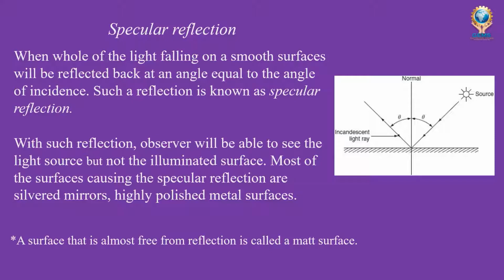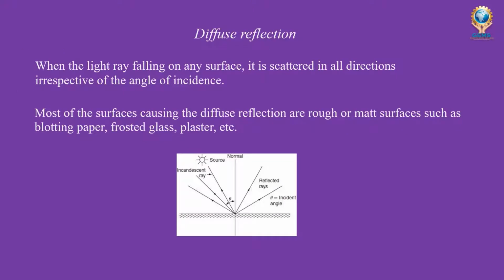So if the surface is polished, the light will be reflected at the same angle as the angle of incidence. So that is the specular reflection. In that condition, you can see the light source, but you can't see the illuminated surface. The surface that is almost free from reflection is called the matt surface.